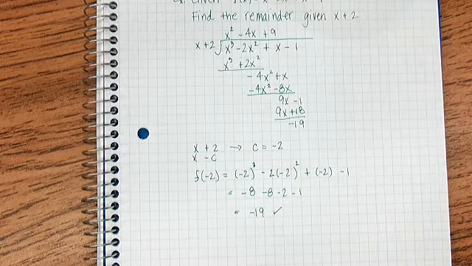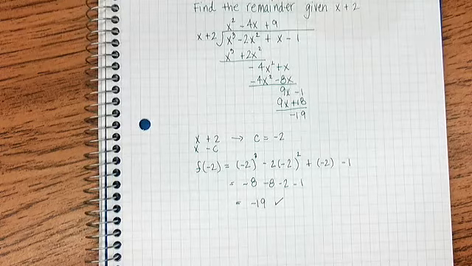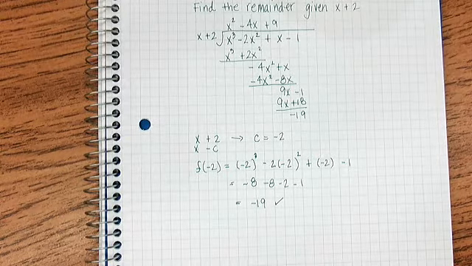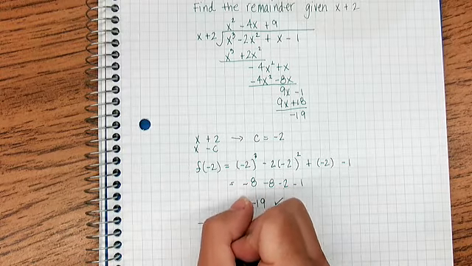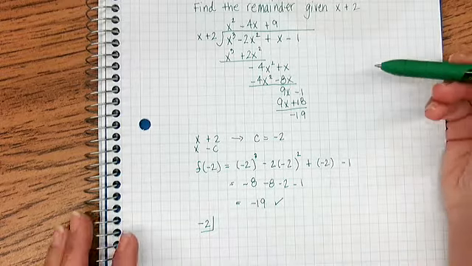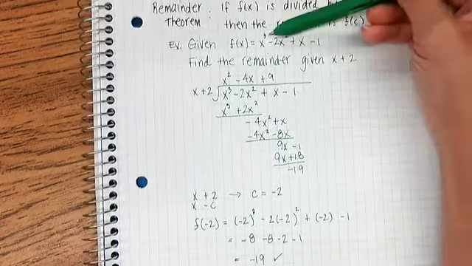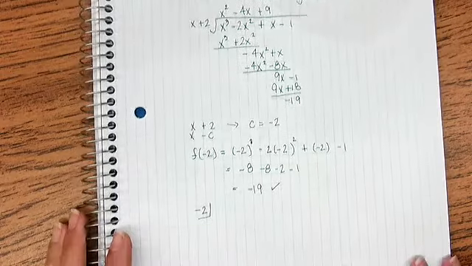You also might remember there are shortcuts using synthetic division, sometimes called synthetic substitution. c is negative 2. My coefficients on the function are 1, negative 2, 1, and negative 1.